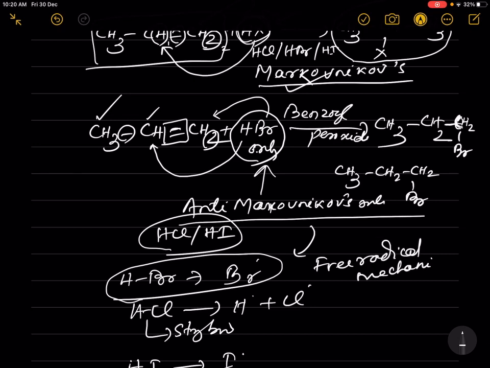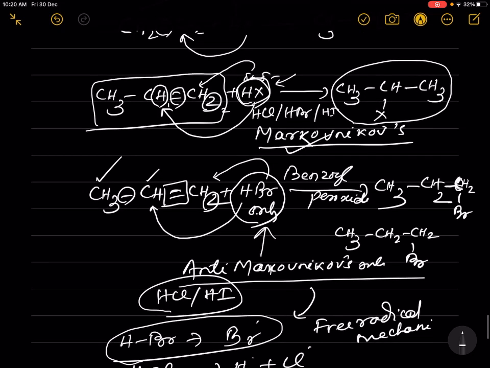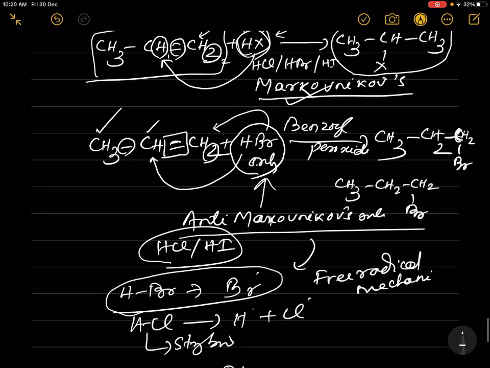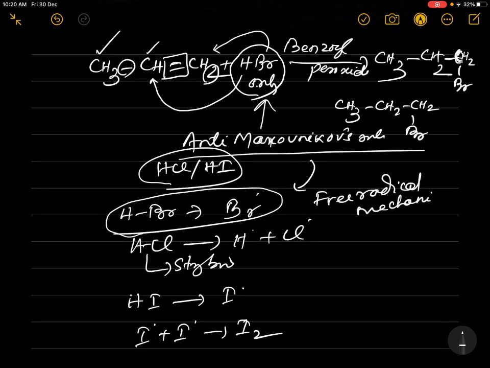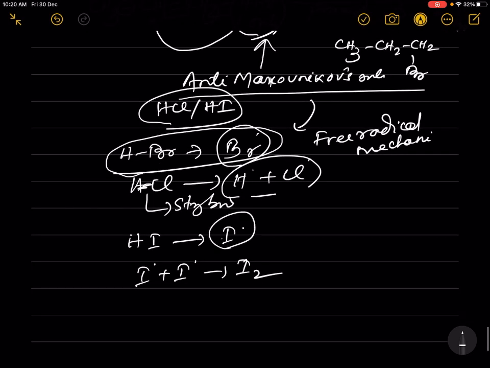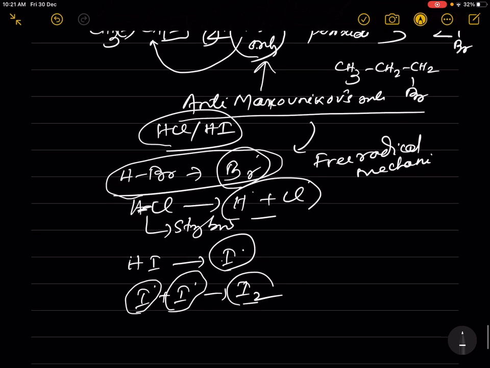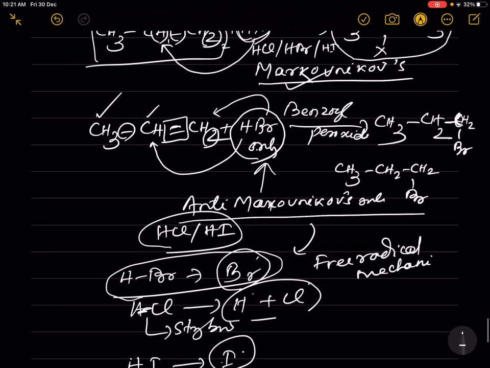Markovnikov's rule follows an ionic mechanism. So HI does not show anti-Markovnikov addition with an unsymmetrical alkene.